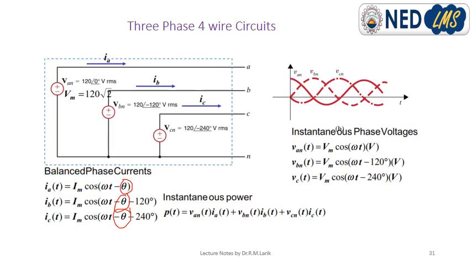So for instantaneous values, there is time t involved. Power is the product of voltage and current. That's why the instantaneous power is nothing but the product of voltage and current. And because it is three phase, we have all three phases: phase A voltage and phase A current, phase B voltage and phase B current, phase C voltage and phase C current.